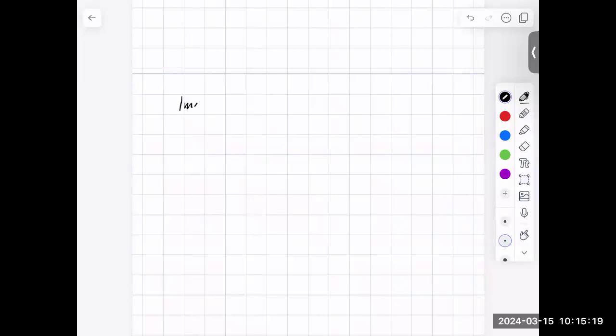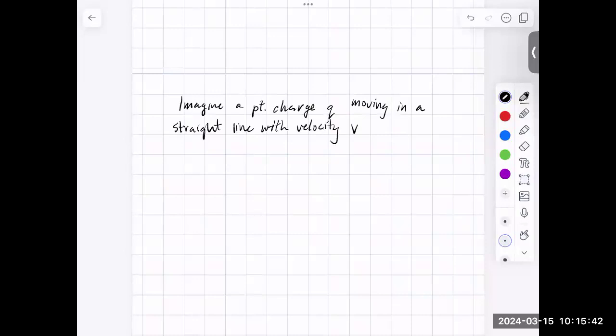So let's imagine a point charge Q moving in a straight line with velocity v.